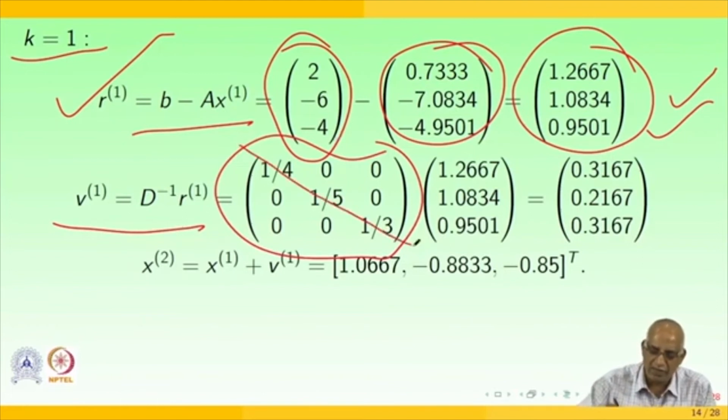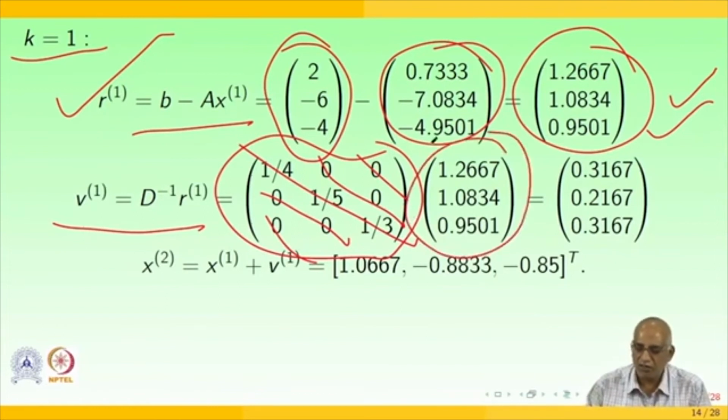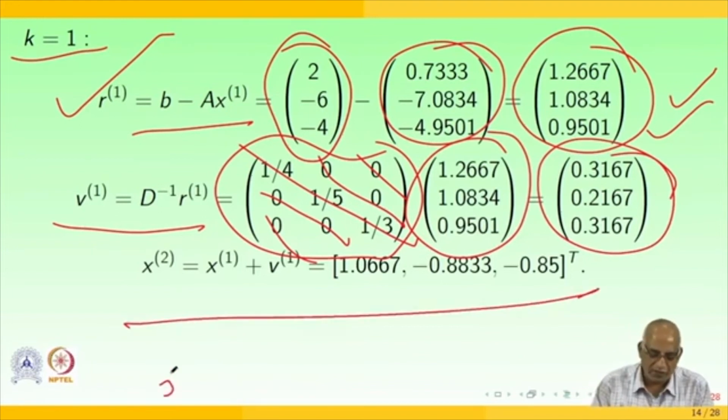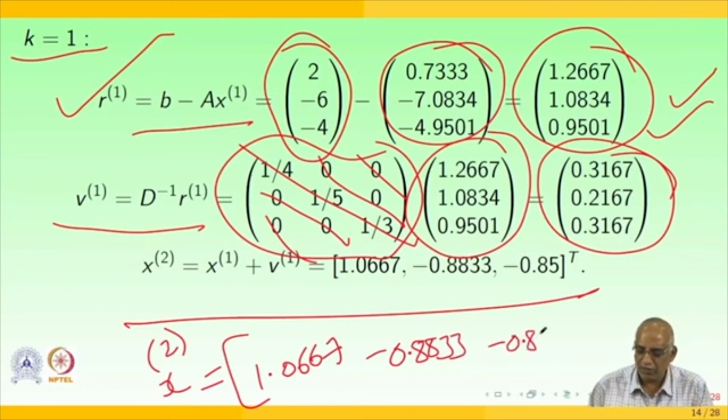So this is the main diagonal entries, zeros, zeros, zeros, zeros, multiplied with R of 1, which will give you this matrix. So therefore, x of 2 turns out to be 1.0667, minus 0.8833, minus 0.85 transpose.